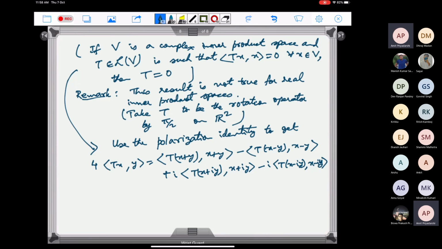And now if Tx, x inner product is 0 for every x, then all these 4 terms on the right hand side are equal to 0, and therefore we will get that Tx with y is equal to 0 for all x and y, and that will imply that Tx has to be 0. So that will give you T equal to 0.